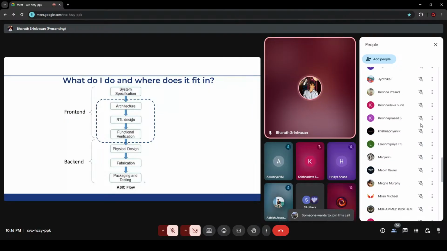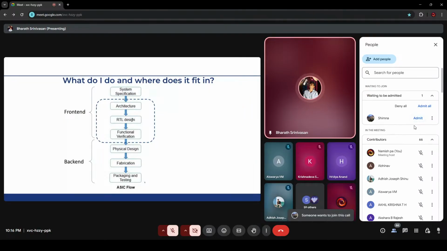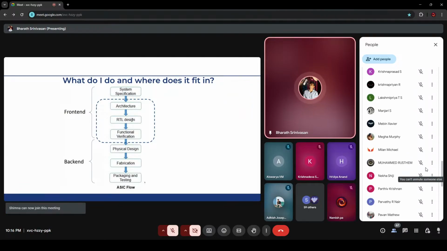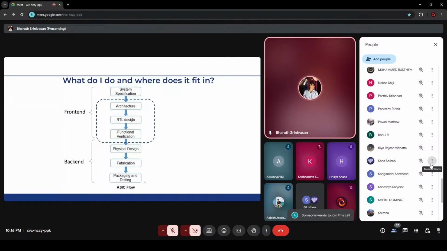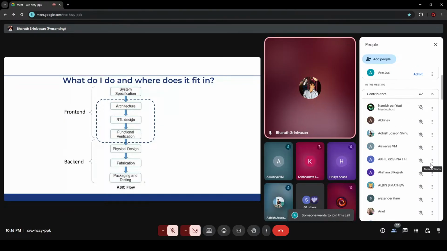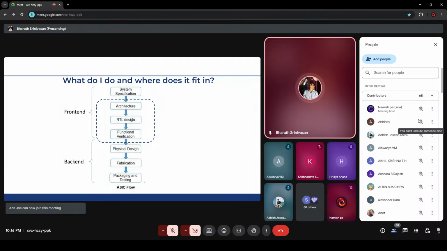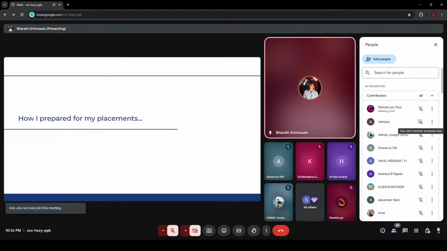Even in design, you've got a lot of stuff that comes in between, but I don't want to go into the details because it would require a lot more to explain, and I don't want to bore you. Once you come into the industry, I think it will be much clearer and easier for you. But I just want to give you a rough crux of what happens where.